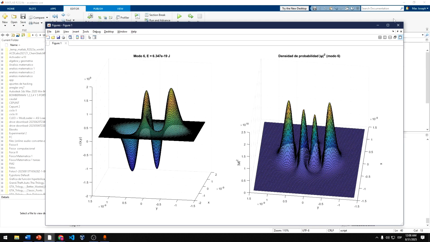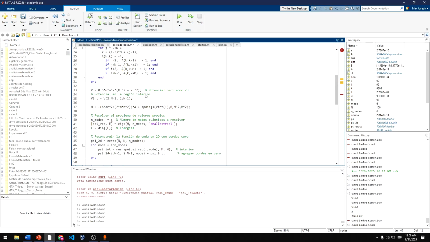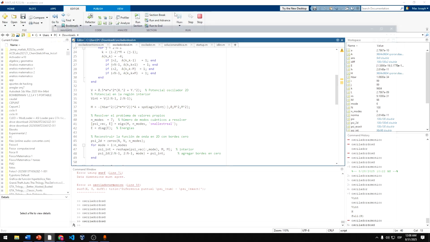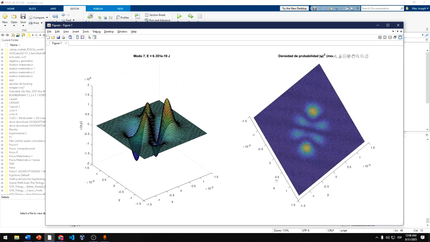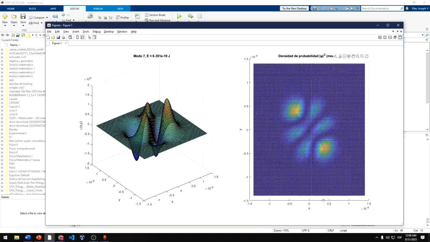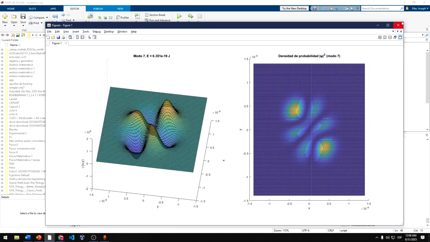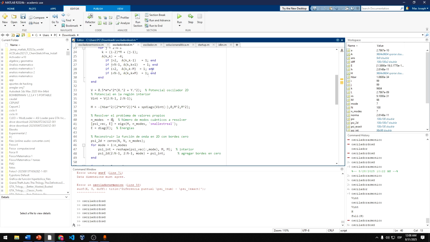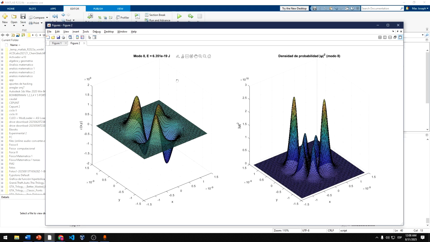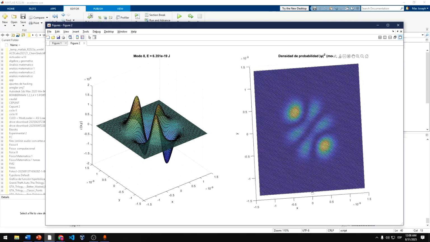Wow. A ver el 7. A ver el 8. Cada vez se está haciendo más complejo.